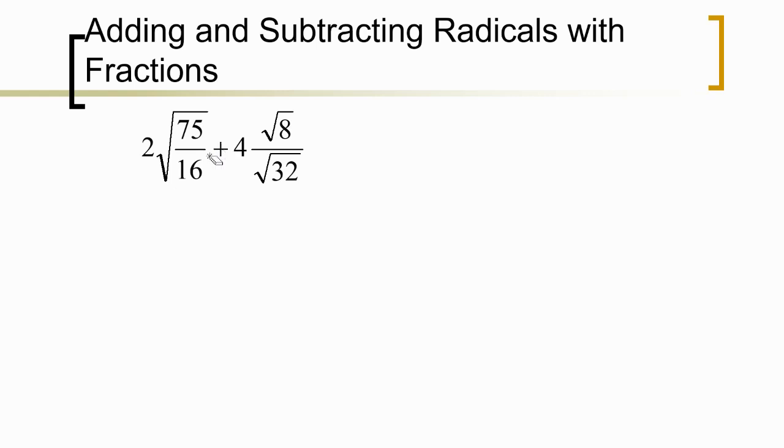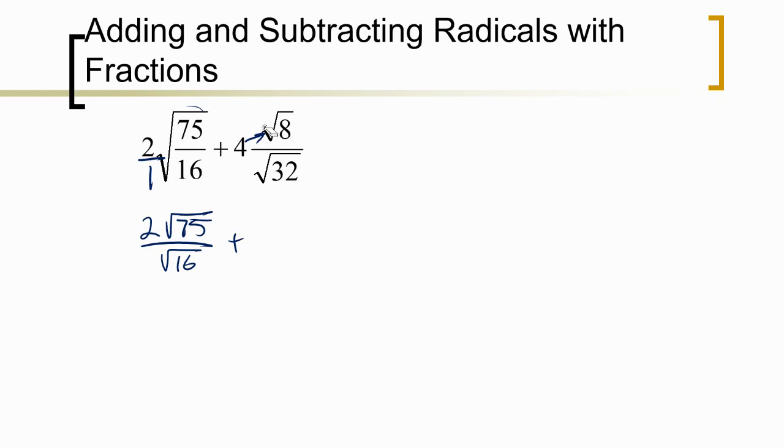And so what you want to work with is this square root to see this is really 2. The 2 is really over a 1. So it's really 2 square root of 75 over the square root of 16. Plus, I'm going to put the 4 up top, 4 square root of 8 over the square root of 32.